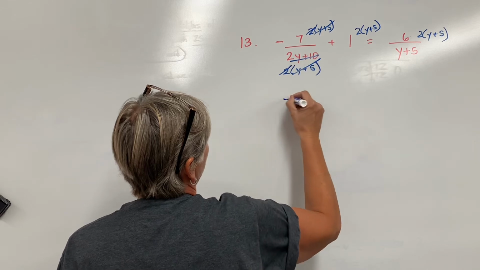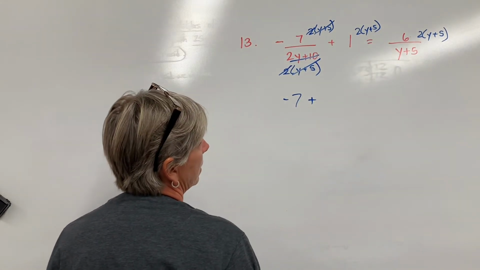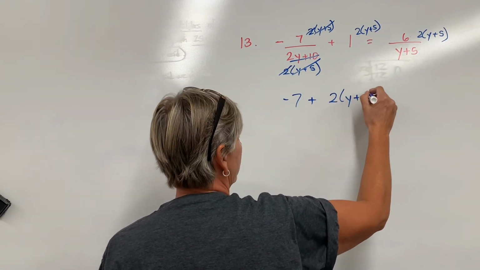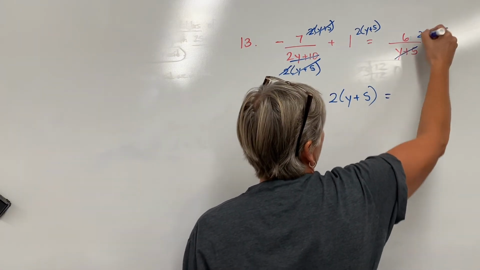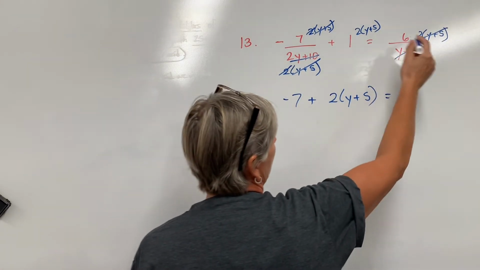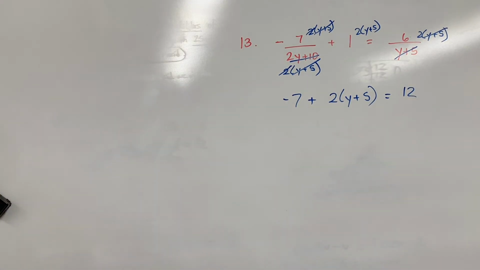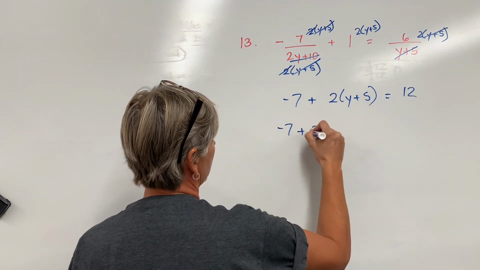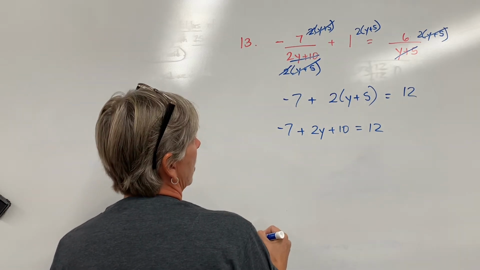So I'm just left with negative 7. Here nothing cancels because there wasn't a denominator. So 1 times 2 times y plus 5 is 2 times y plus 5. And then equals, here the y plus 5's cancel, leaving 6 times 2, which is 12. And now it's an easier equation to solve. So I'm going to distribute my 2: negative 7 plus 2y plus 10 equals 12.